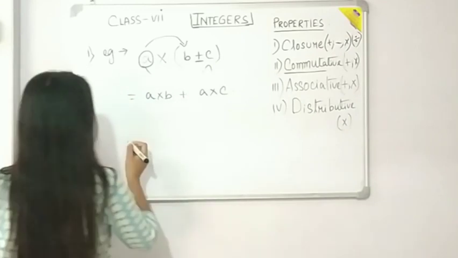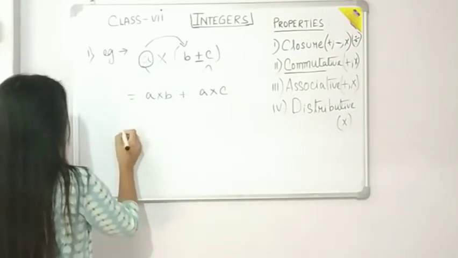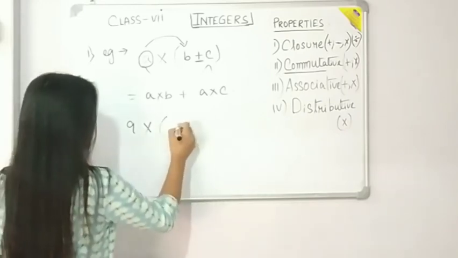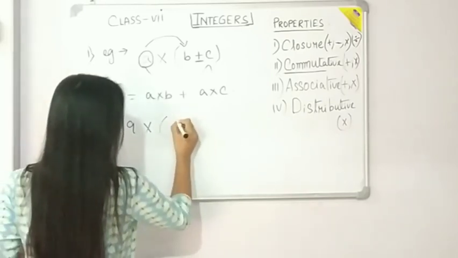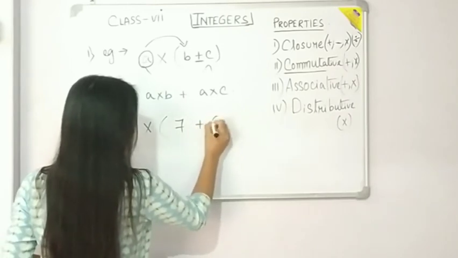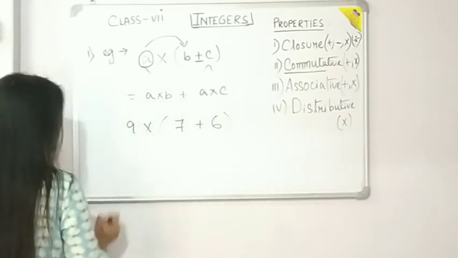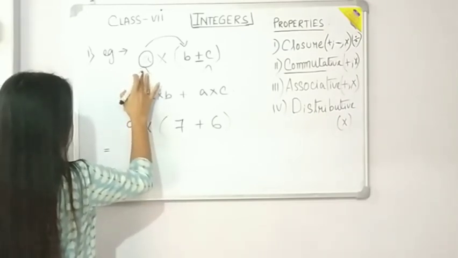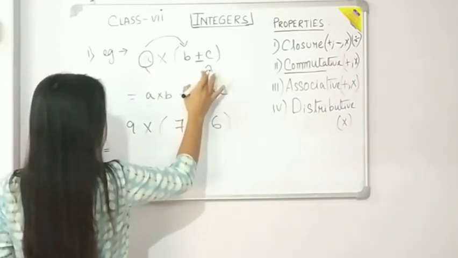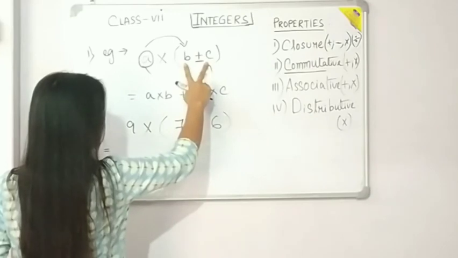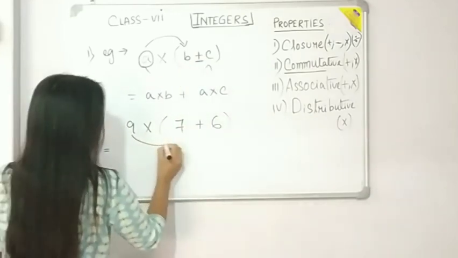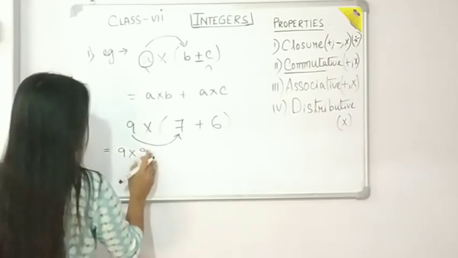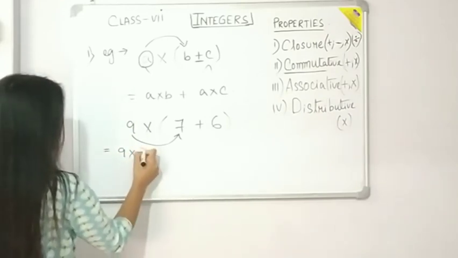Now let us see with some numbers. If we are provided with like this, 9 times 7 plus 6. Alright. Now what can we do? What did I say? The multiplied number will always be distributed with the numbers that are provided in between the brackets. So first of all, we will multiply with 7. Sorry, it is 9 into 7.